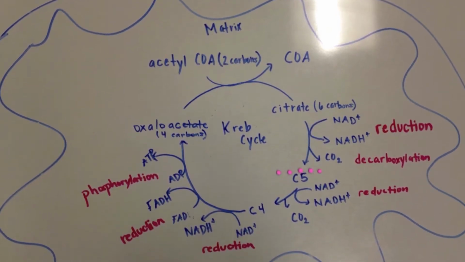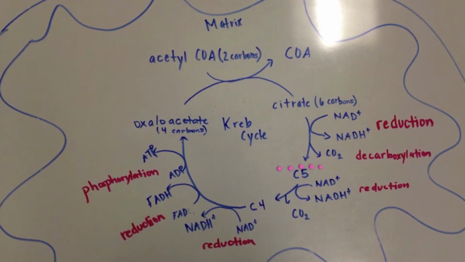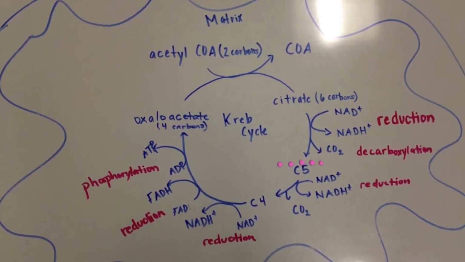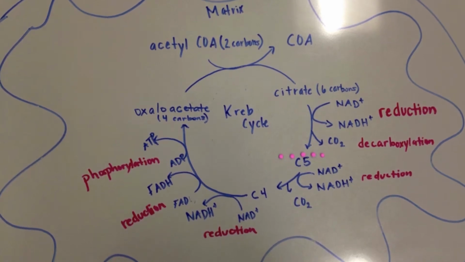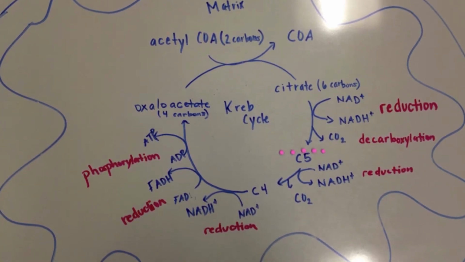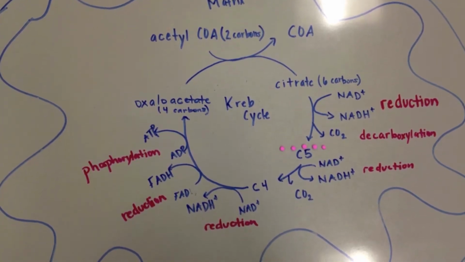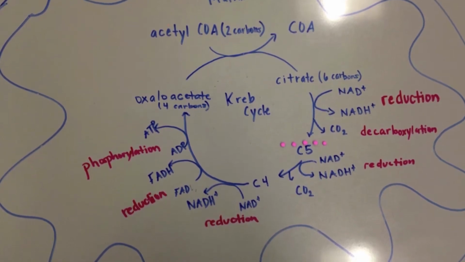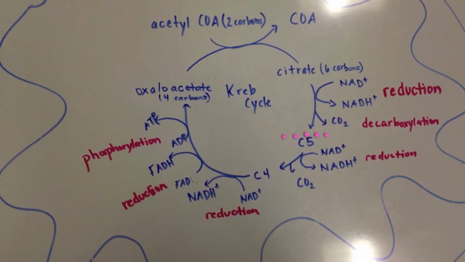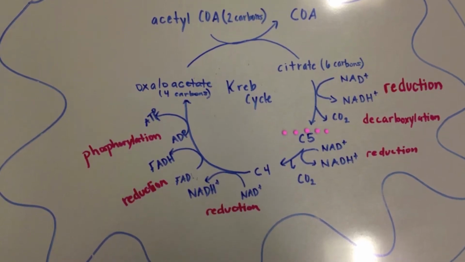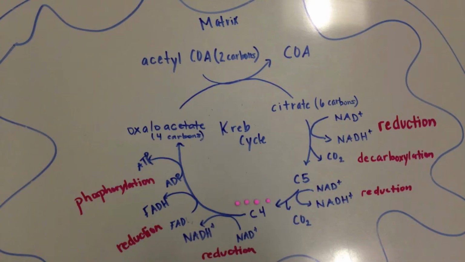The CO2 is released, so instead of 6 carbon, we're going to have 5 carbon. Then NAD is going to be reduced to NADH again, and then carbon dioxide is released again, leaving us with only 4 carbon.